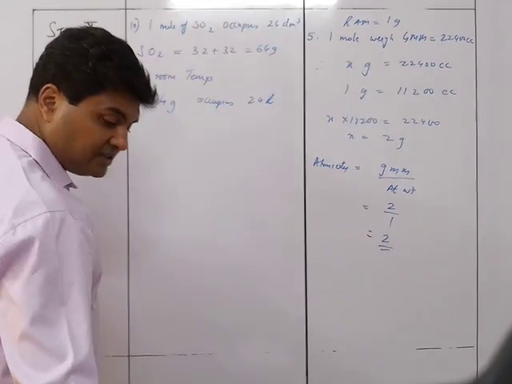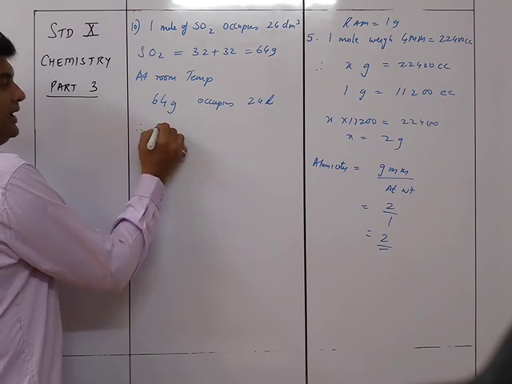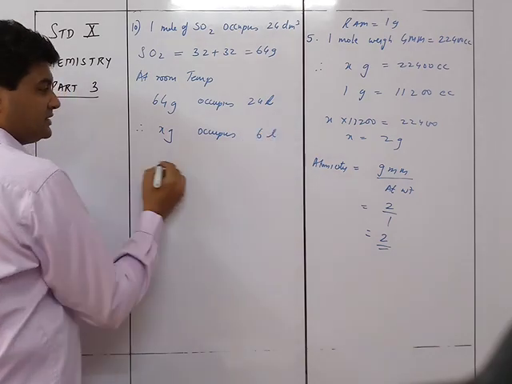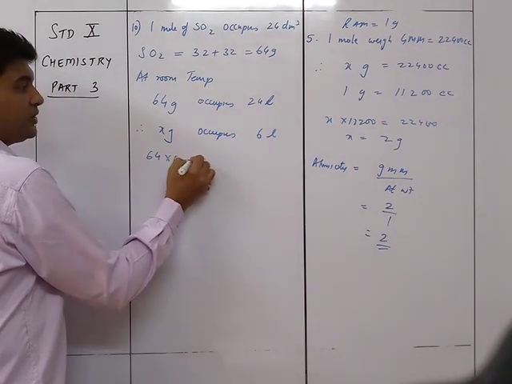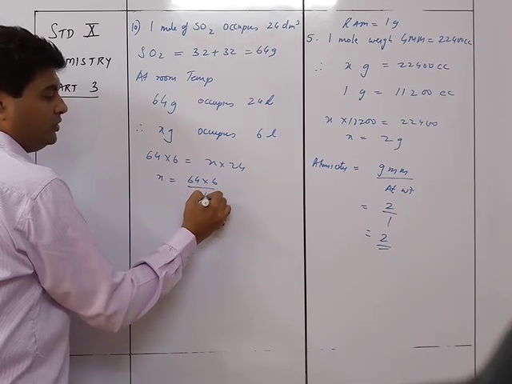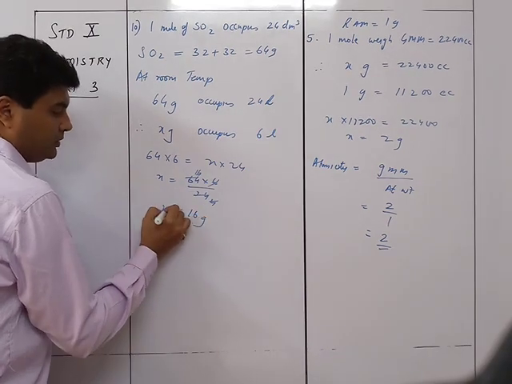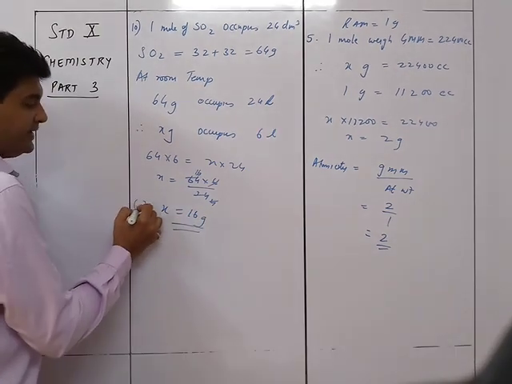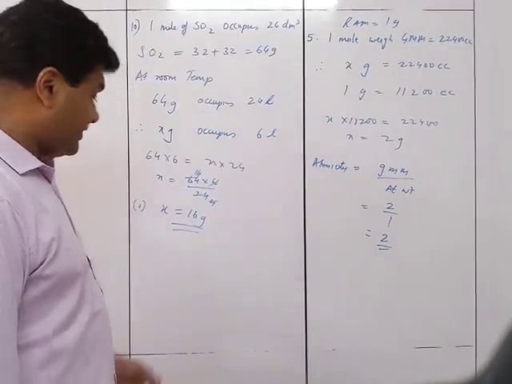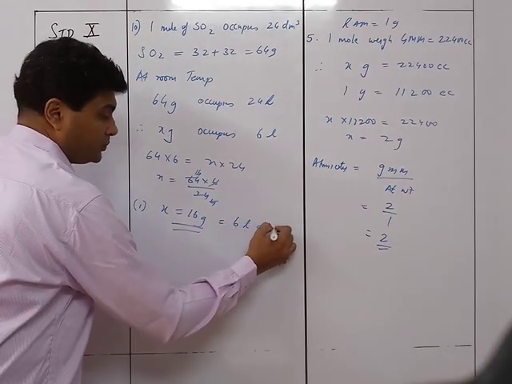Now the first question they asked is the mass of 6 liters of SO2. So we have therefore x grams occupies 6 liters. So 64 into 6 is equals to x into 24. So x is equals to 64 into 6 upon 24. 6 4s are 24, so that will be 16 grams. So the mass of 6 liters of SO2 is 16 grams.